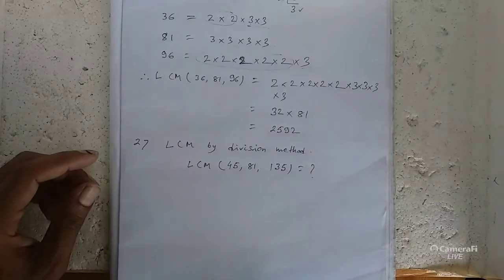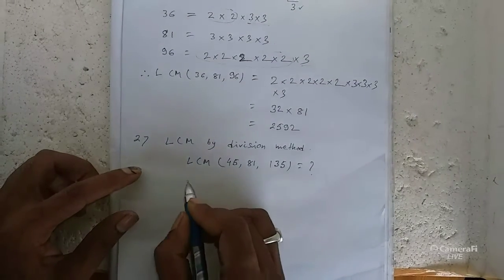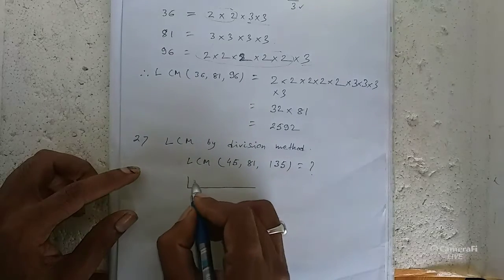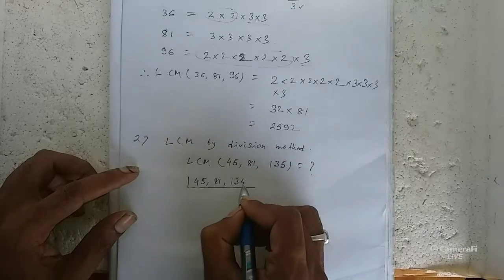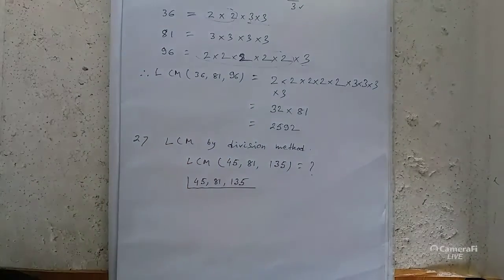So, in this division method, we will take all these numbers together and try to find a prime number which can divide all of this: 45, 81 and 135.